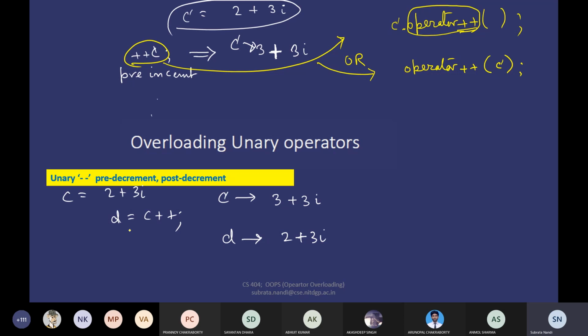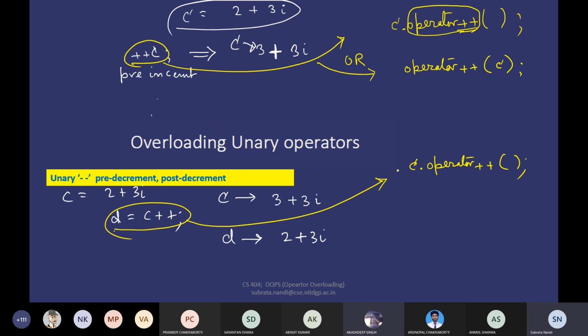But what about this one now? If I write the member function option, it will be C dot operator. What will be the name? Plus plus. Do you pass any argument? No, because C is already passed.